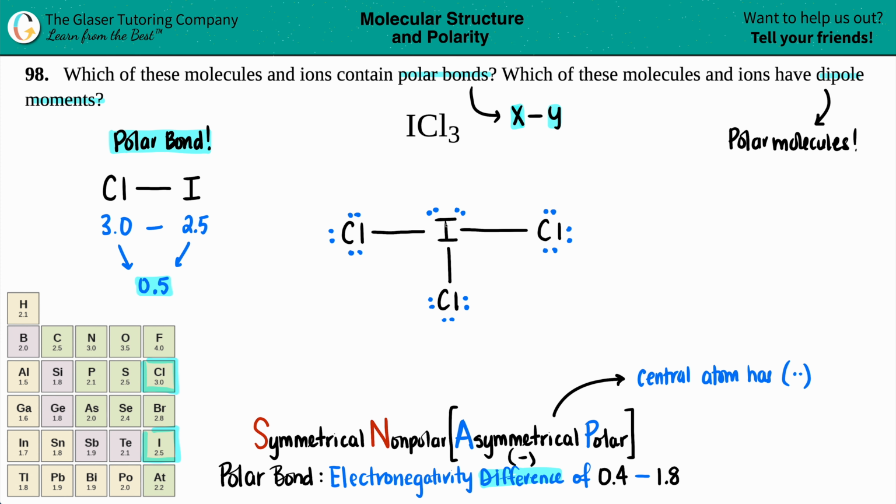So I go straight to iodine. That's the one that's in the middle. And when you look at that, it's got 4 electrons, 4 dots, 2 pairs. This is going to be a polar molecule. So that's a cool trick to have in your back pocket. If your central atom has dots, it's automatically polar. And because of that, it's got a dipole moment.